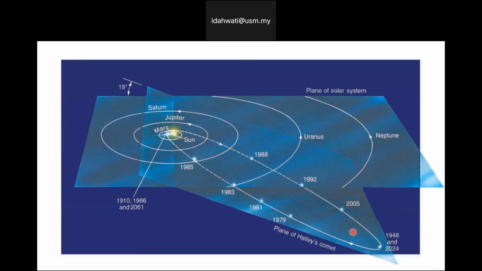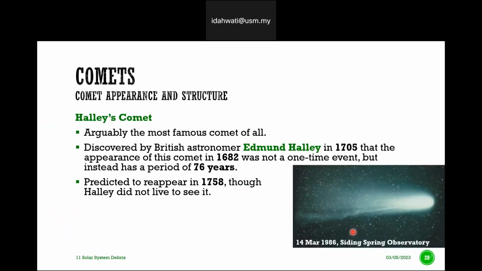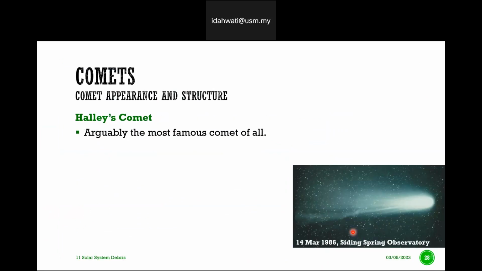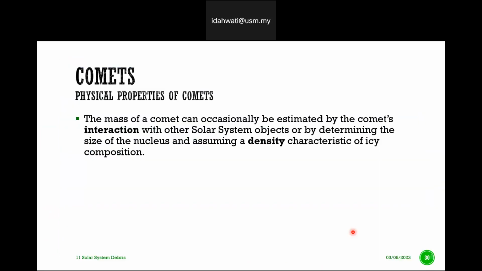Remember, it has two tails: the dust tail and also the ion tail. Okay, so the mass of comets can occasionally be estimated from the comet's interaction with other solar system objects, or by determining the size of the nucleus.